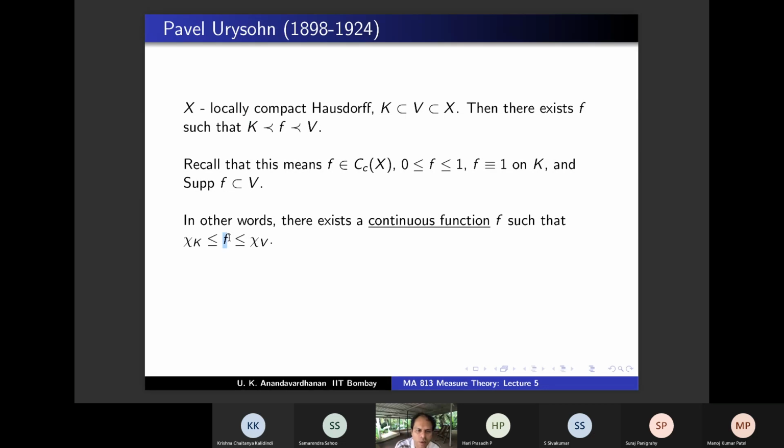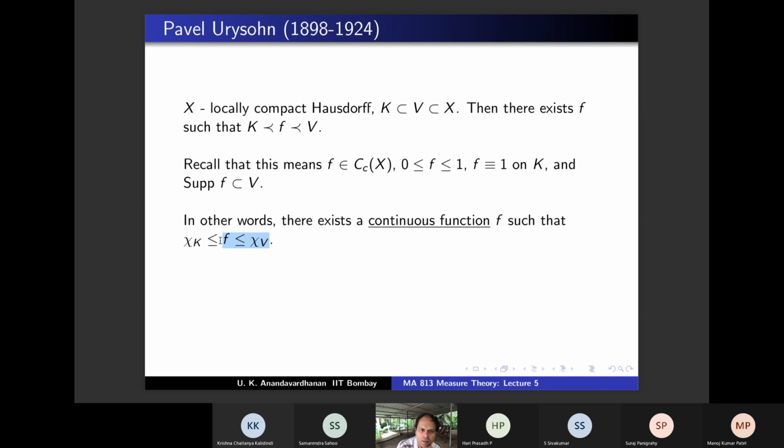Because f is anyway between 0 and 1 and continuity is given. f is identically 1 on K is clear here, because f is bigger than chi_K and chi_K is 1 on K. And support of f is contained in V is also clear, right? Because f is less than or equal to chi_V. So outside V this is 0, therefore f is also 0.